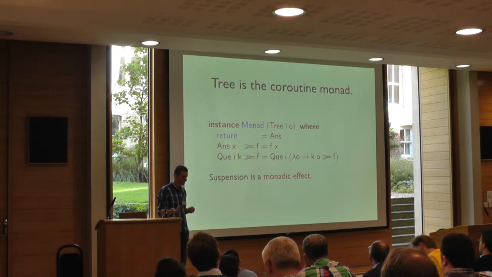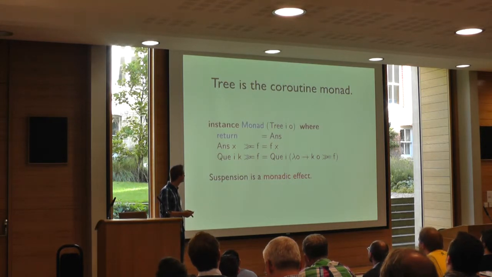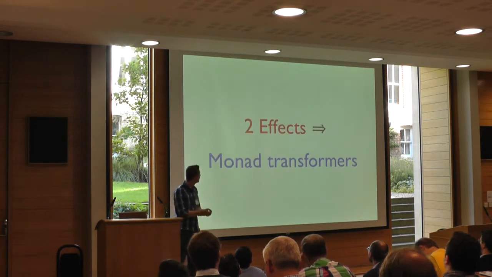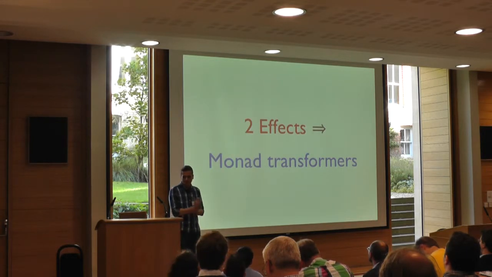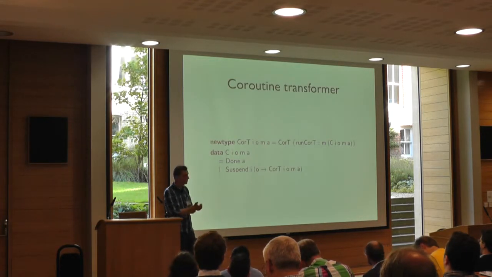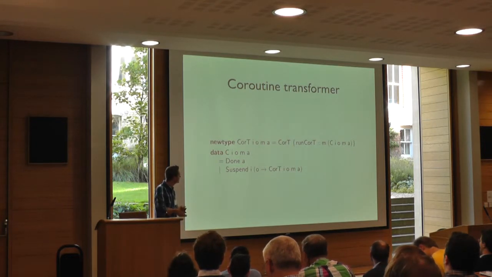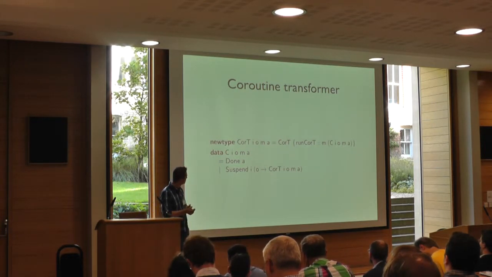So whenever we have state like from Memo, and we've got suspension going on, how do we combine them? Well, the textbook approach is to use monad transformers. So here's a coroutine transformer to do that. Let's look at it a bit more closely. So what do we do?